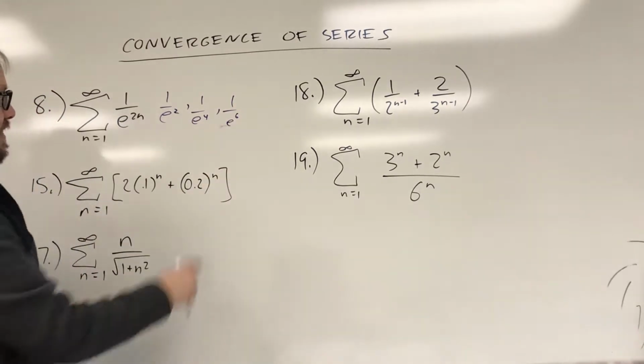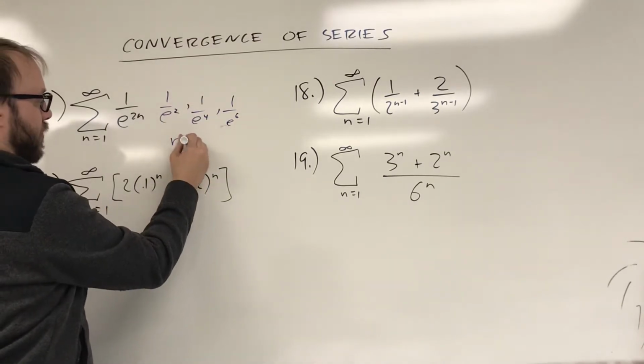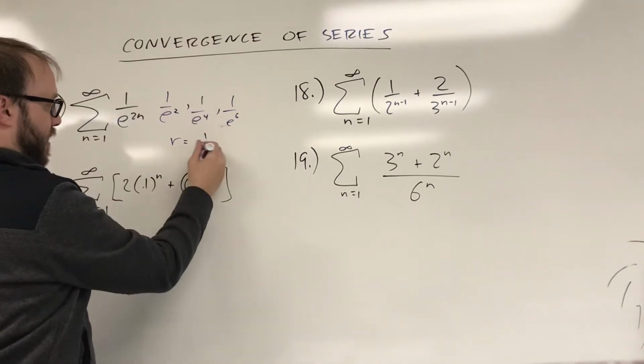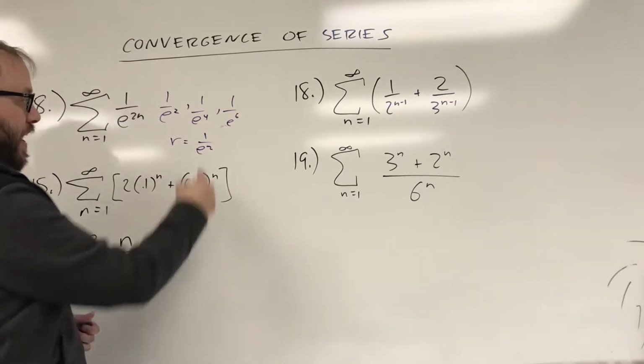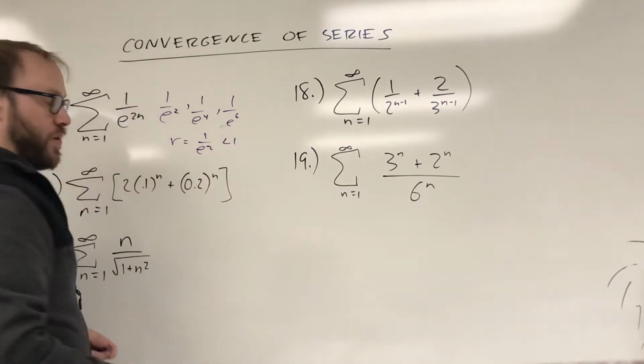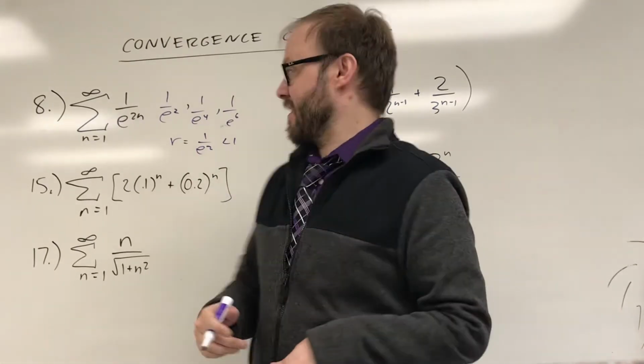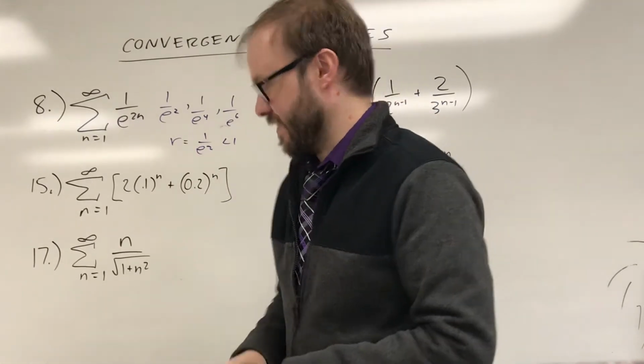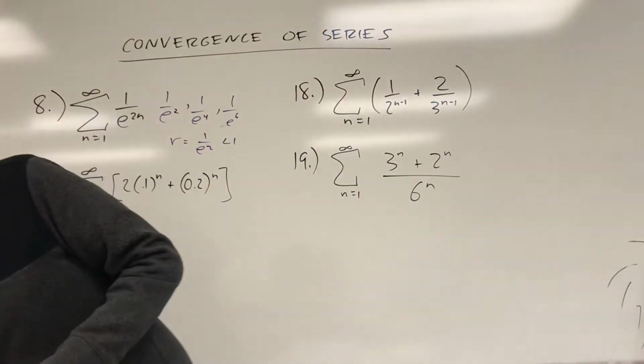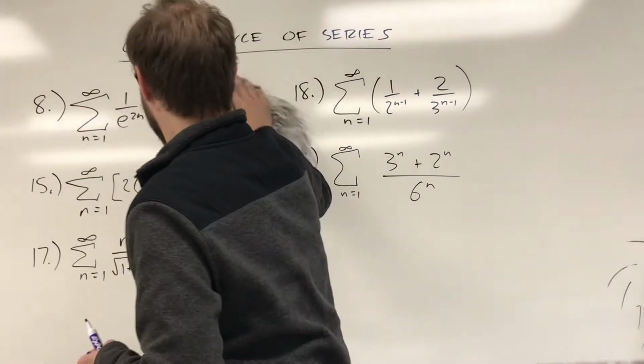And hopefully you can see each time the numerator is being multiplied by 1, the denominator is being multiplied by e squared, okay? 1 over e squared is less than 1, okay? So this is a convergent geometric series, okay? You can just go ahead and say, hey, this thing is convergent. That's one way to approach this.